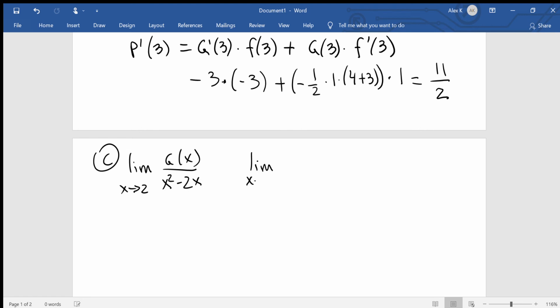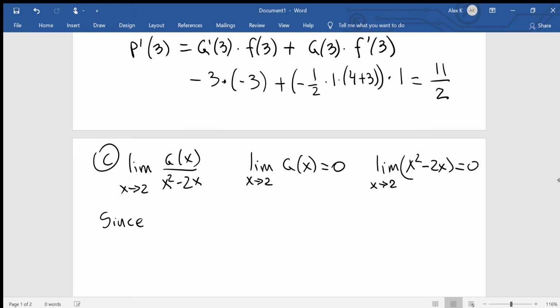So first of all, limit of g of x over x squared minus 2x, x approaches 2. College Board, if you're doing this for an AP Calculus exam, College Board does not like when you write 0 divided by 0. It's not proper. So what we do is we're going to write individually each limit as being 0. Okay, so we know it's 0 divided by 0. So what do we know?